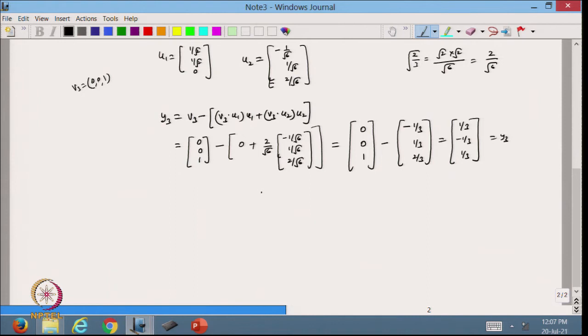Now, from here I can find my u3. So, for u3 I am just taking this vector 1 by 3, minus 1 by 3, 1 by 3, and dividing by its magnitude. So, its magnitude will be 1 by 9 plus 1 by 9 plus 1 by 9 under the root.